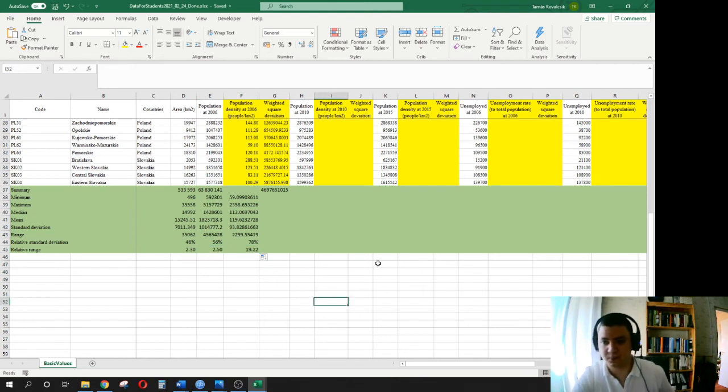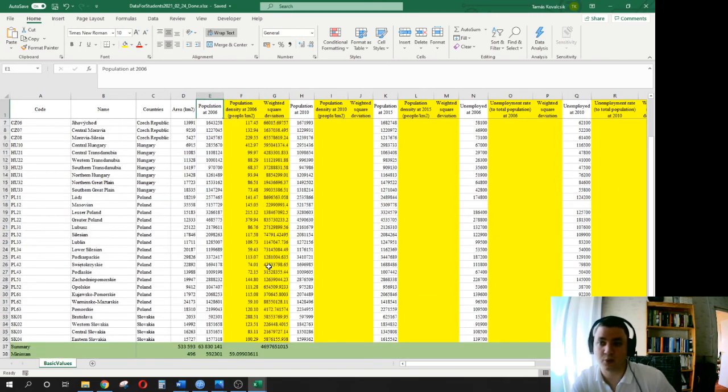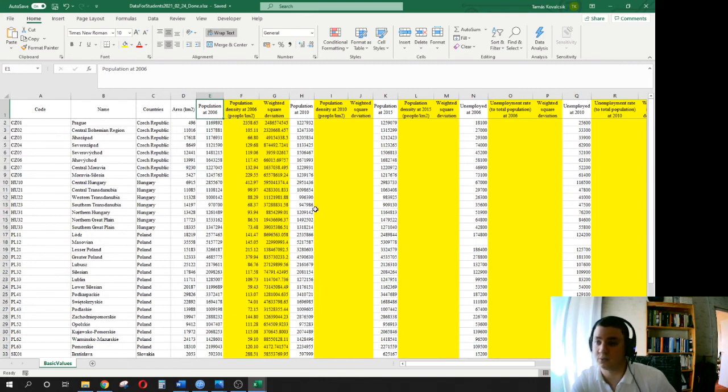Okay. So here we are. We just made all of the calculations for the population density at 2006 and the population at 2006.